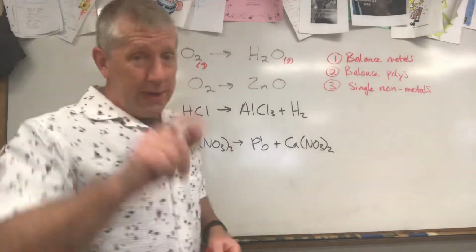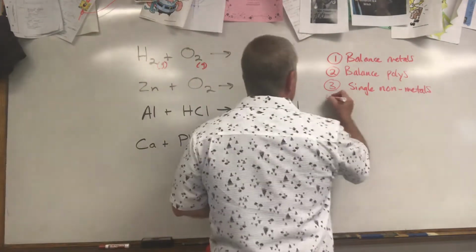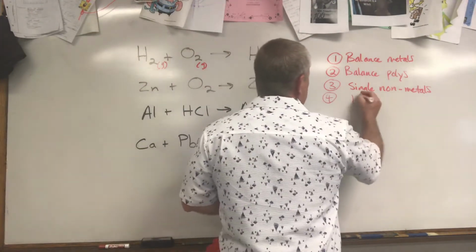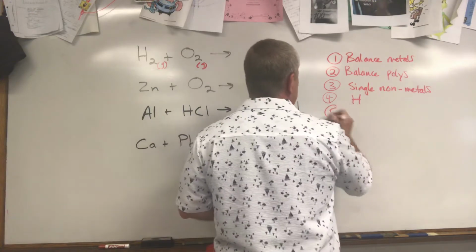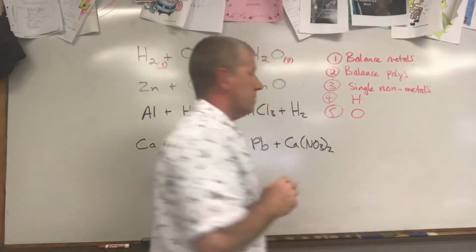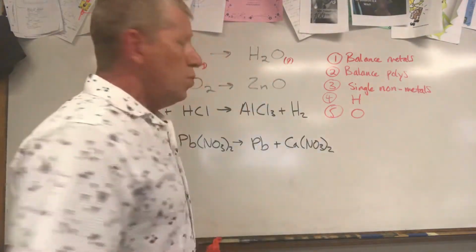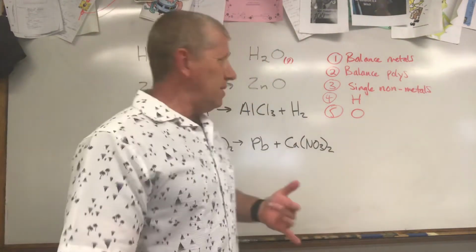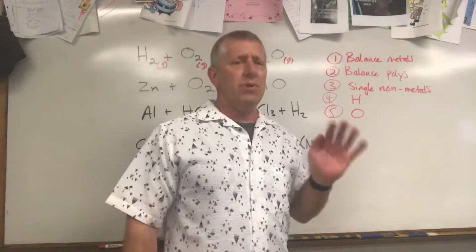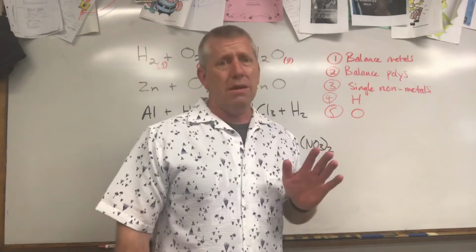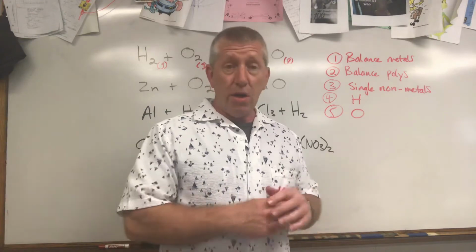All right, fourth, and here we go. This is really what you're trying to do. Fourth, balance hydrogen. And then fifth, oxygen. The bottom line on this is you really don't balance oxygen until the end. So don't start out by balancing oxygen, because I call that chasing your tail.